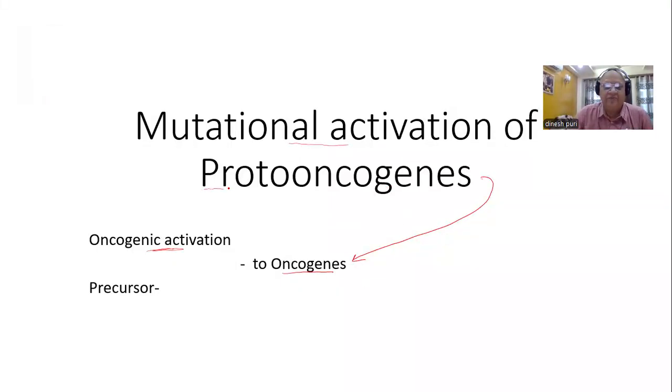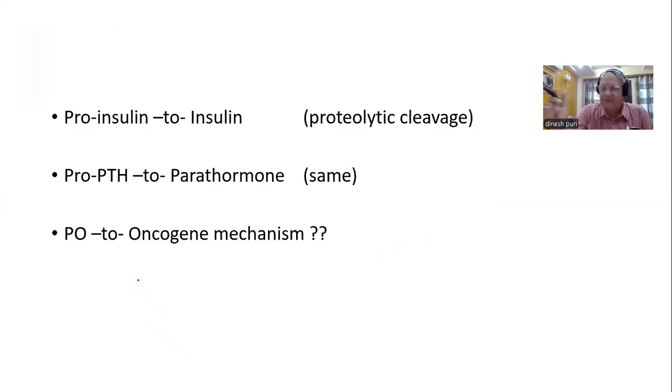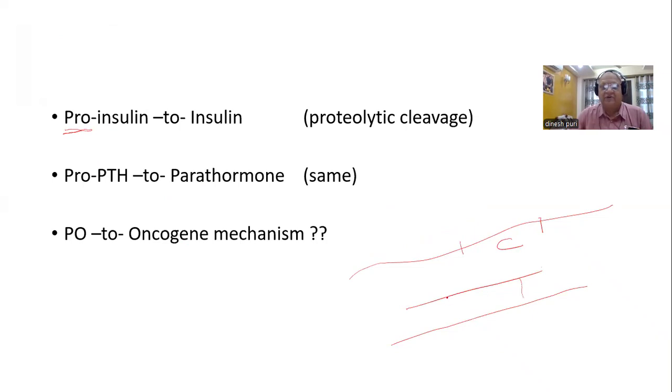Now, this word pro is reminiscent of the word precursor. We entertain a slight digression to understand this concept. You have already done about pro-insulin, the precursor form comprising a long A chain, B chain, and a C peptide. Removal of this C peptide results in formation of insulin, a 20 amino acid and 30 amino acid long two-peptide chain joined by disulfide bridges, of course.